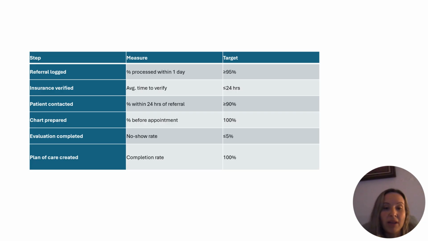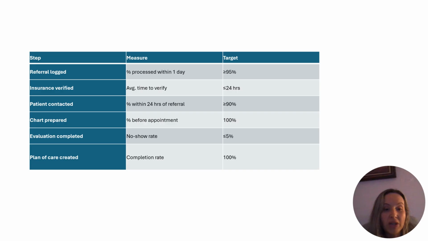Sometimes it doesn't always go that way, but we try to be as prompt as we can with reaching out to the patients. And then charts being prepped, we want to do that 100% before the appointment occurs. Unless there's a last minute walk-in or a last minute fill, sometimes that will not happen, but the goal is 100%.